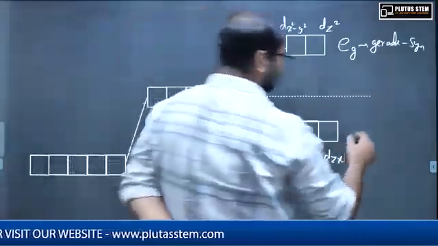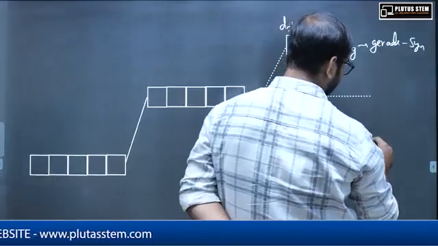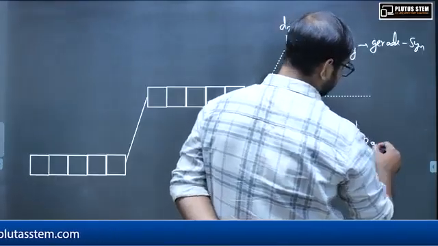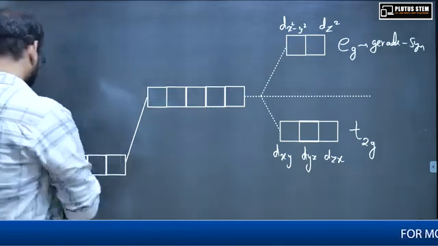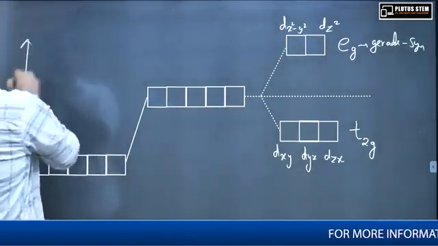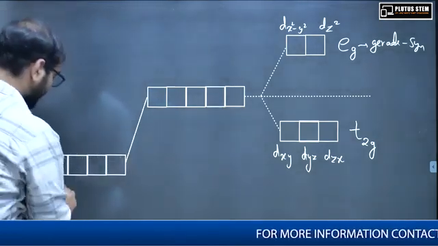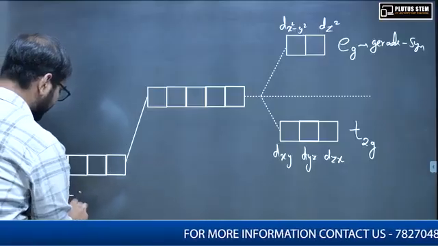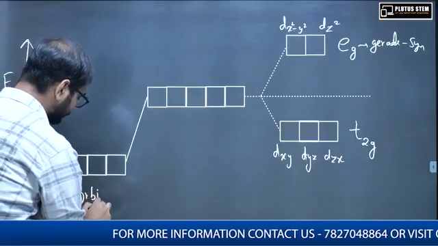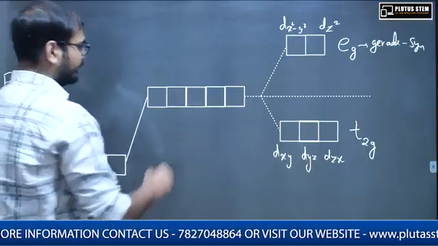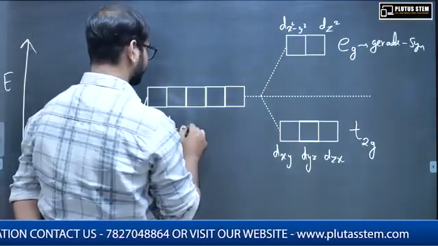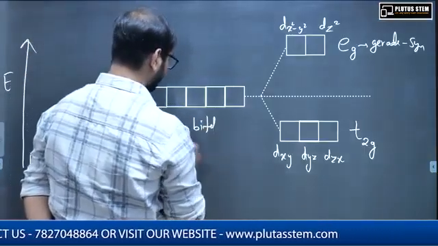The lower set of orbitals is called the t2g set of orbitals. This is our energy that is increasing in this direction. This is our d orbitals in ground state, while these are the orbitals which are in excited state.